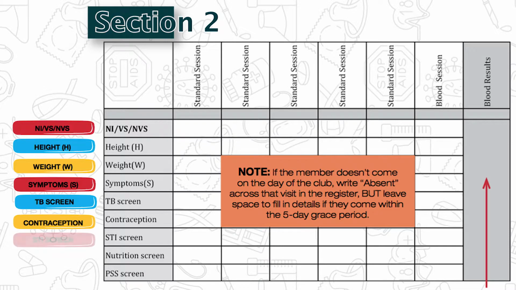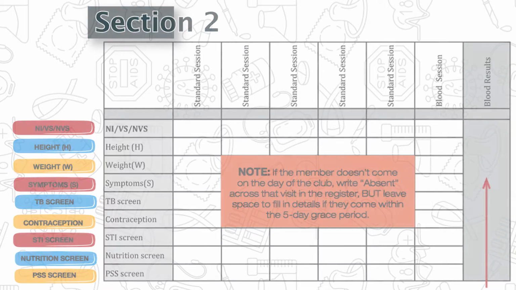In the STI screening row, for each session, write plus sign for positive STI screening or minus sign for negative STI screening. In the nutrition screening row, write N for healthy and RTC for unhealthy and refer member to YCC clinician. In the PSS screening row, for each session, record the member's PSS rating from 1 to 10.